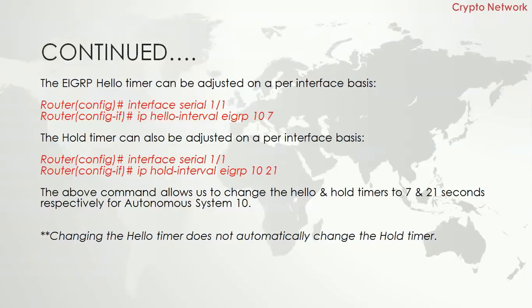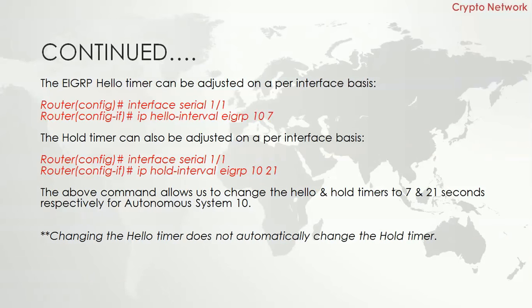So you can adjust the hello timer on a per interface basis. Here in an example, we have serial interface 1/1. So we are changing the hello interval. The command is ip hello-interval eigrp, and then the EIGRP autonomous system number, here 10, and 7, the hello timer.